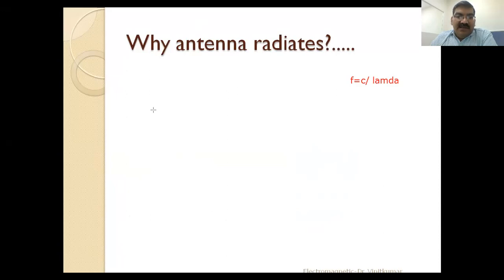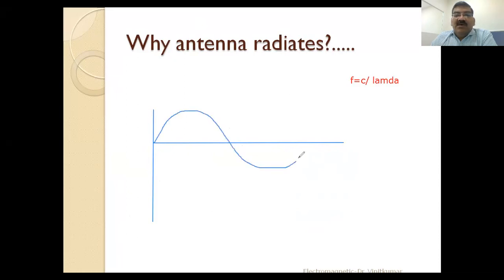I'll take an example and draw a waveform. Again, here it is one cycle. Generally we take the current axis here, and the time axis here. I am trying to give you the physical significance of lambda.